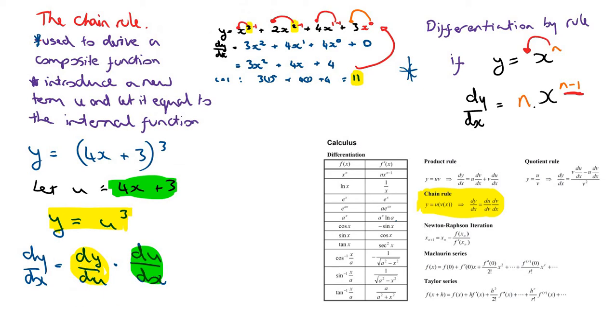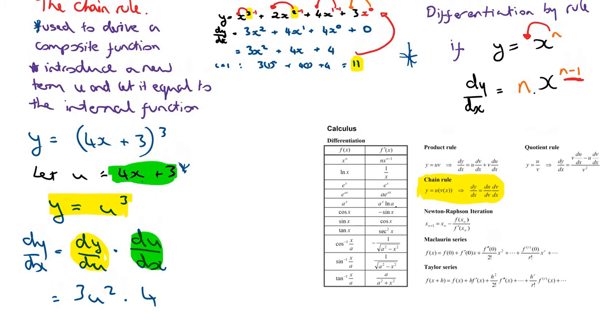So if we first look at dy/du, well, dy/du is just the derivative of y with respect to u, so it's going to be 3u squared, and we're multiplying that by the internal function du/dx, which is here, so it's the derivative of that, which is just 4. So overall that becomes 4 times 3u squared, which is 12u squared.